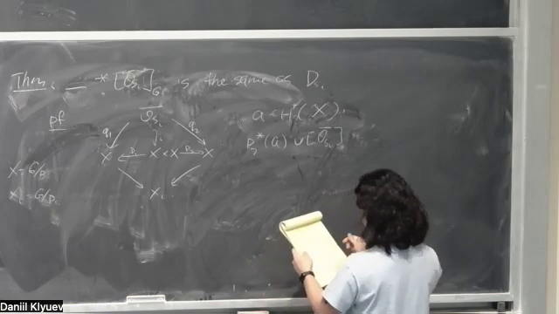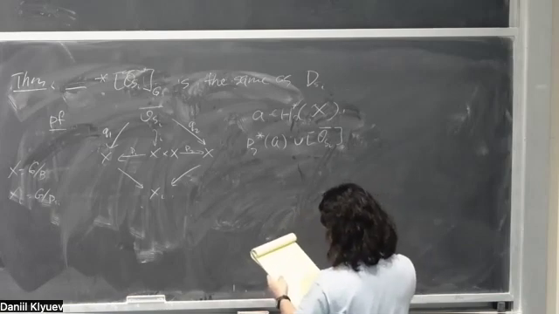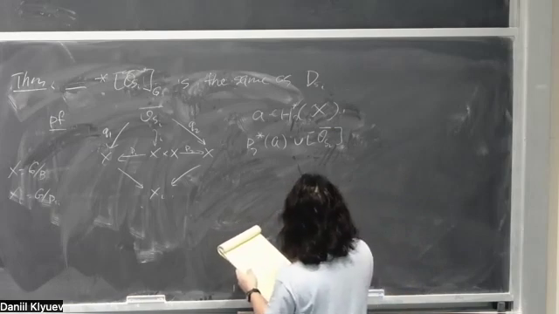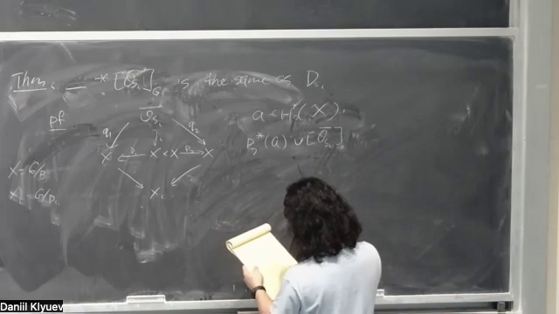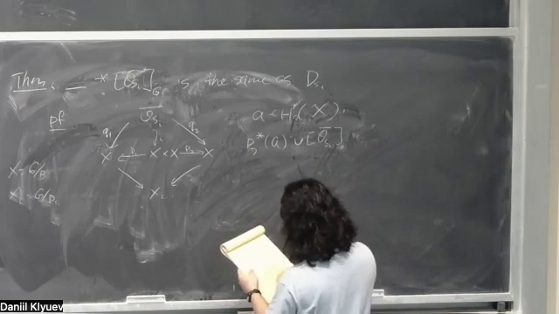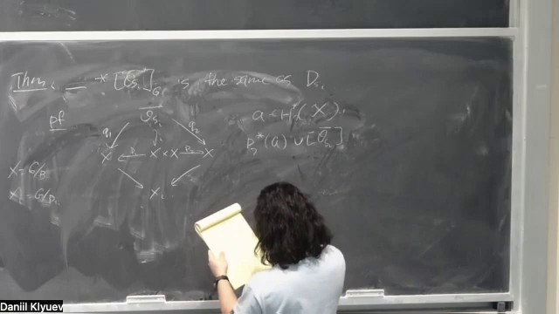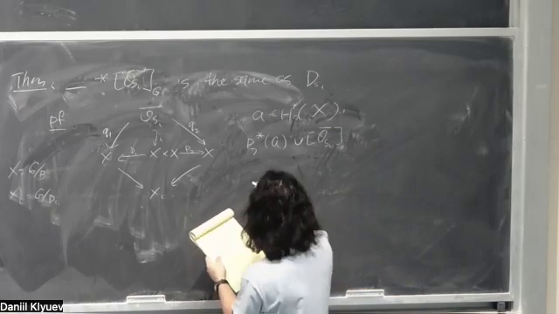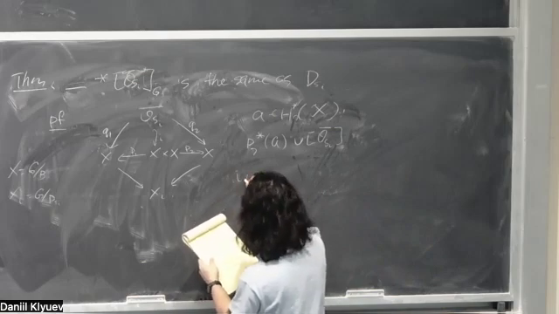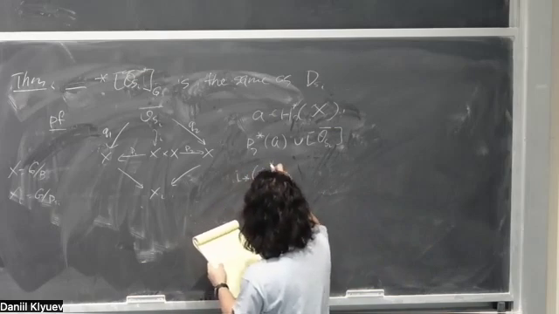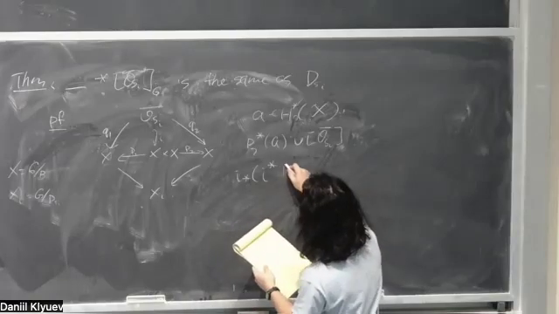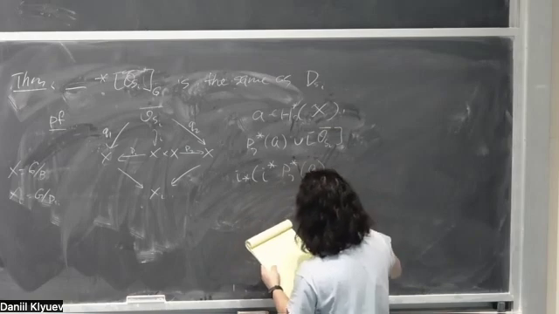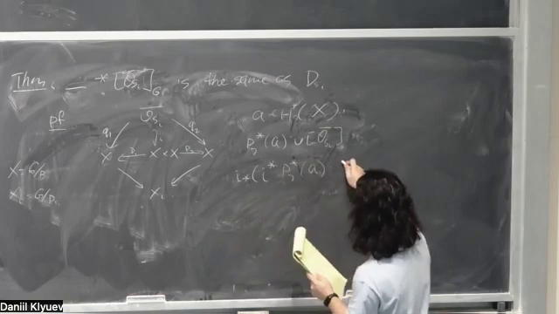The point here is we're going to use the projection formula. The projection formula says that if I pull back E2 of A, and then I'm going to apply it to a point.